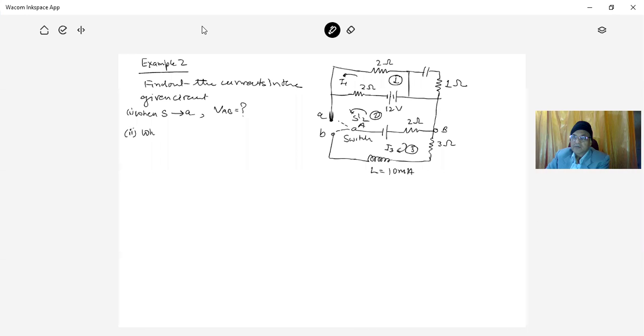Second, when switch S is connected to B, find the current I3 in steady state, the energy stored in it, and the time when the current in the 3 ohm resistance is half of the original I3. This is the question.